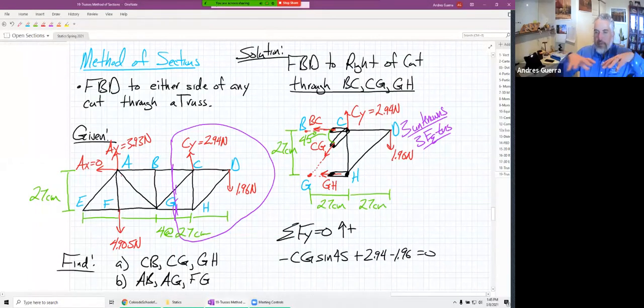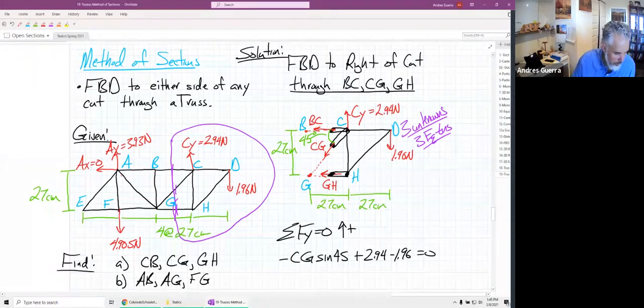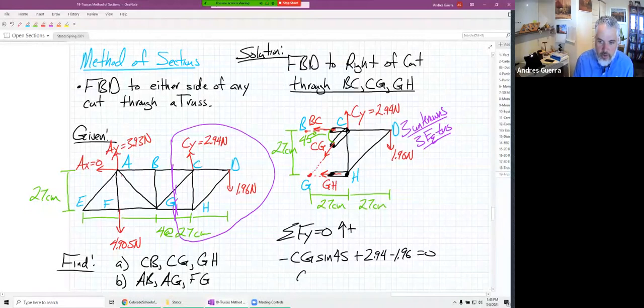So even though it's a truss, we're treating this now as just an FBD with forces at distances, and only the ones that we've cut through are going to be the ones that show up in our equilibrium equation. When we solve this, we're going to find that CG is equal to a positive 1.39 newtons.